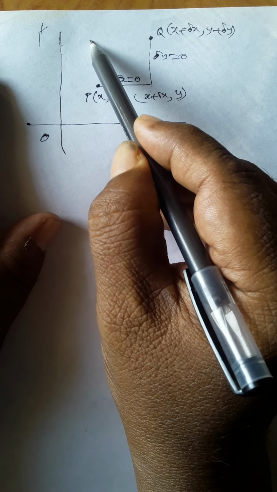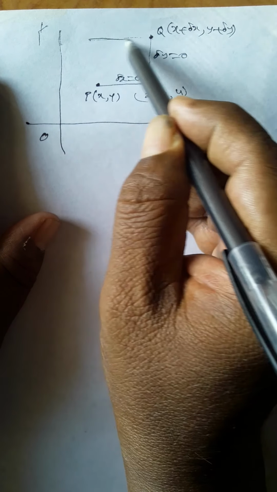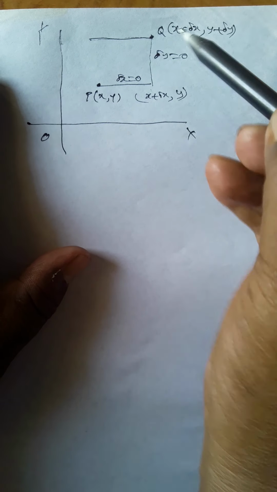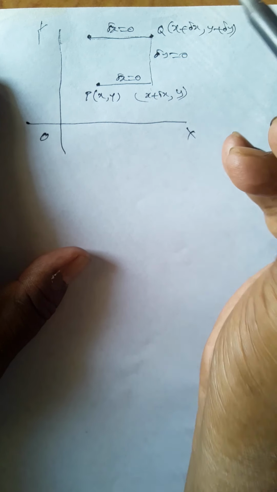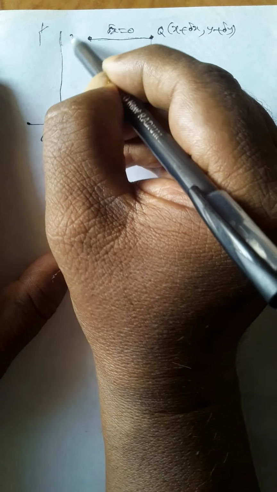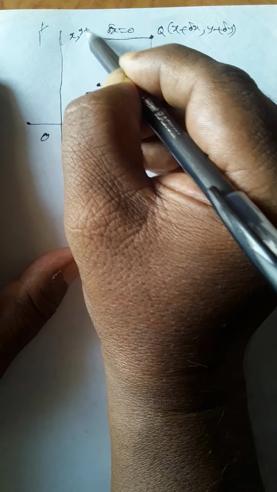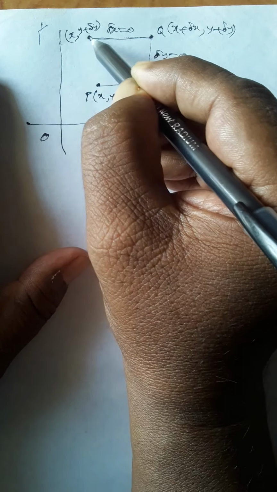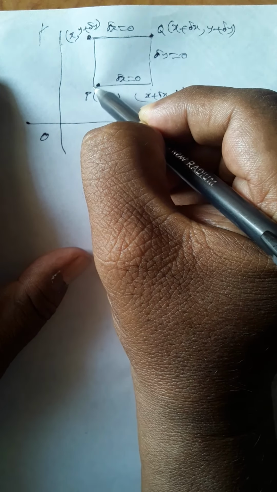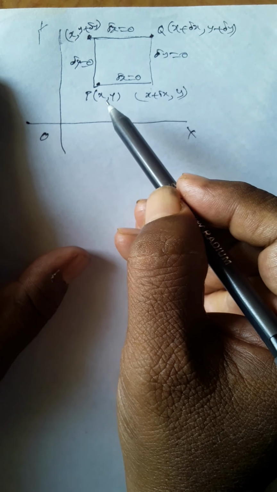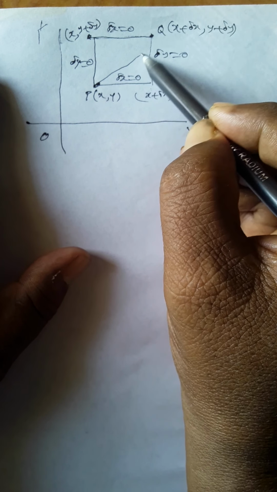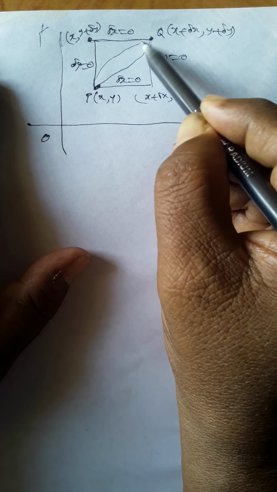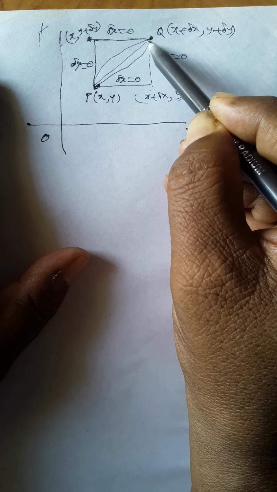Another way: here delta x = 0, we get this place, x comma y + delta y. Now this way, here delta y = 0, we get P(x, y) this way, and also a curved path, a straight line path.